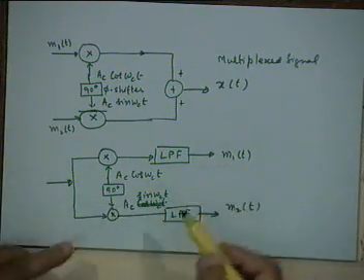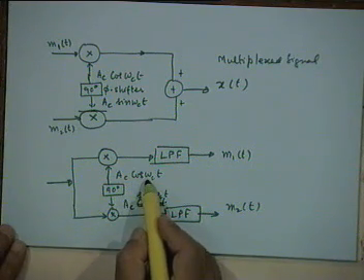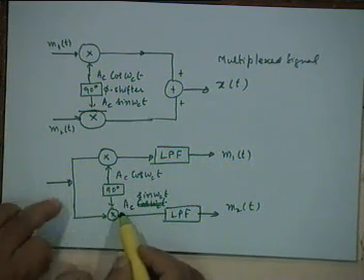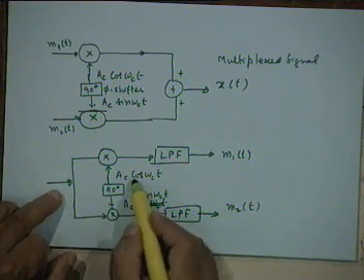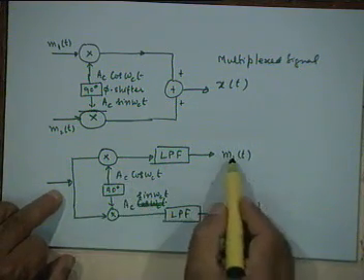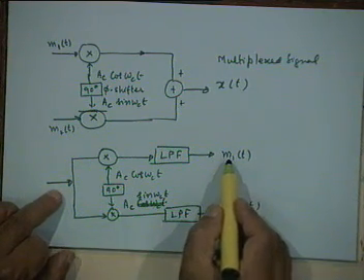And there will be no interference, since there is a phase difference of 90 degrees between the second carrier and this carrier, so this will not produce any output in this path.